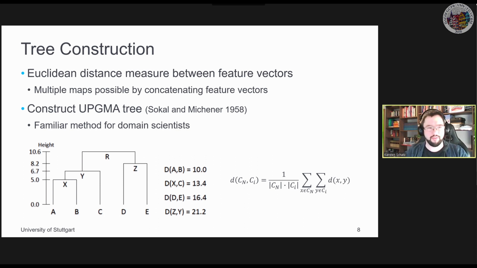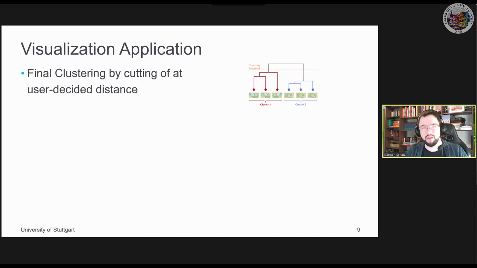Now that we have a UPGMA tree, we don't have the clustering yet, we just have a hierarchical structure into which we want to insert some clusters. The final clusters are then found by just setting a cutting threshold at a user-decided distance.